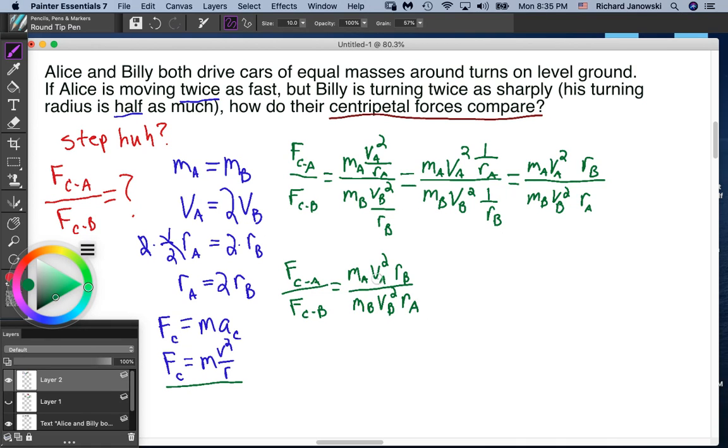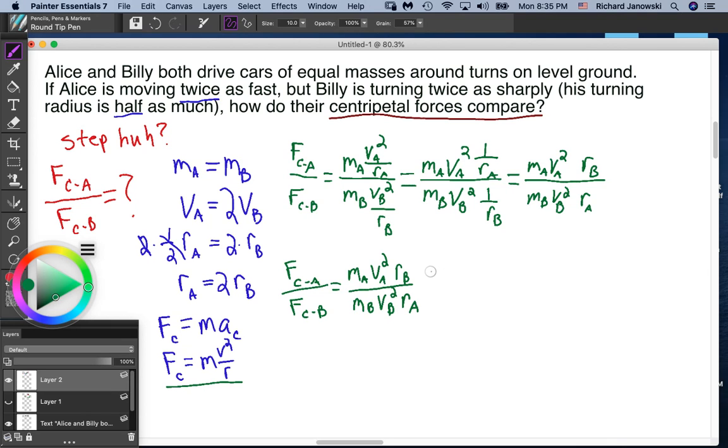So MA, VA squared, RB on the top, MB, VB squared, RA on the bottom. So it looks weird, but that's how it goes. So now we have to go through and figure out what to keep and what to replace.